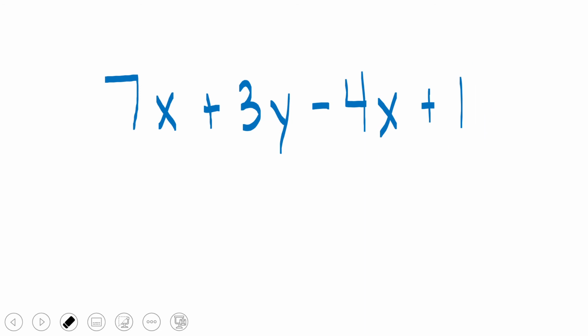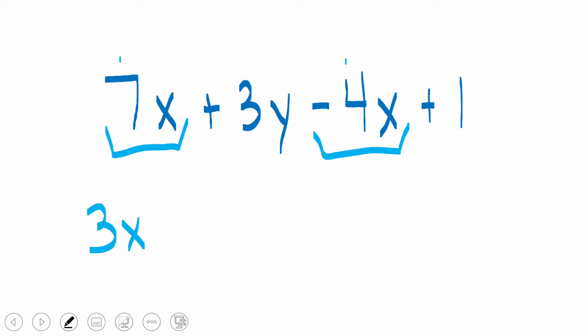as it sits, we're going to address all the like terms that we can. So we'll have 7x minus 4x. They have the exact same elements in them, the same units of measure, so to speak. So 7 minus 4 is 3, and we attach the x to it just like it looks in those terms, with the exact same unit behind that 3.